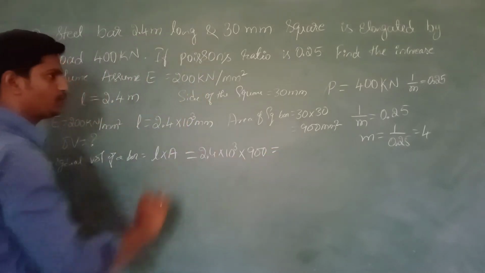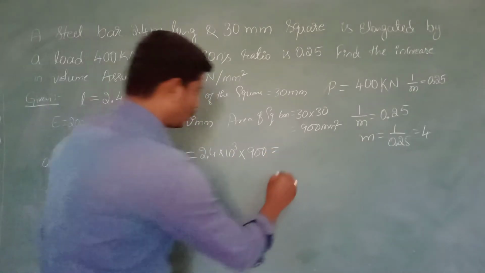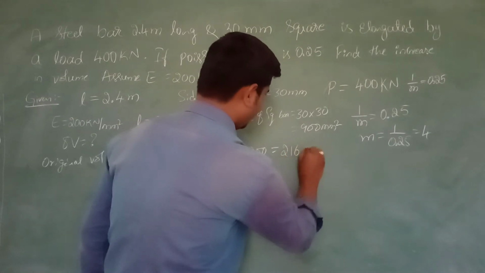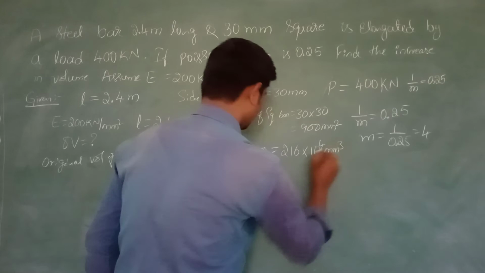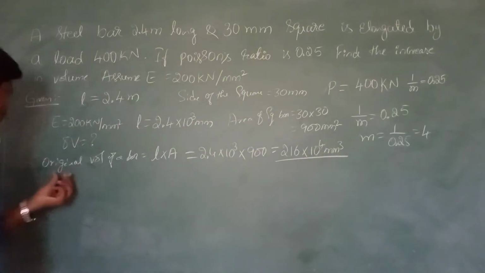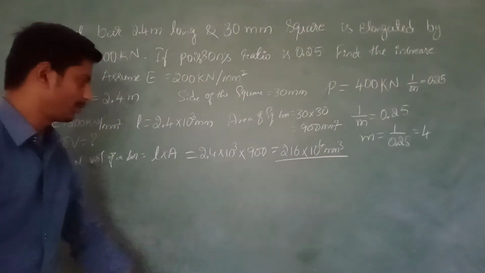By solving these values, we will get 216 into 10 to the power of 4. This is the original volume of the bar.